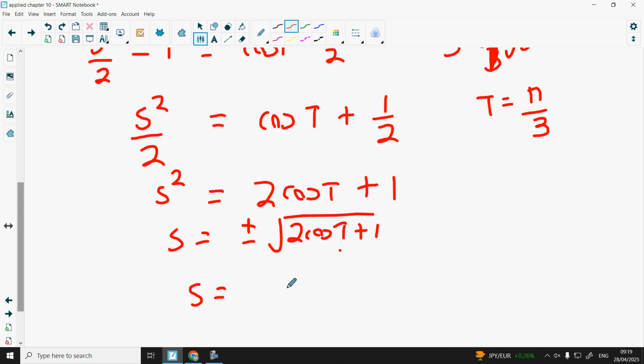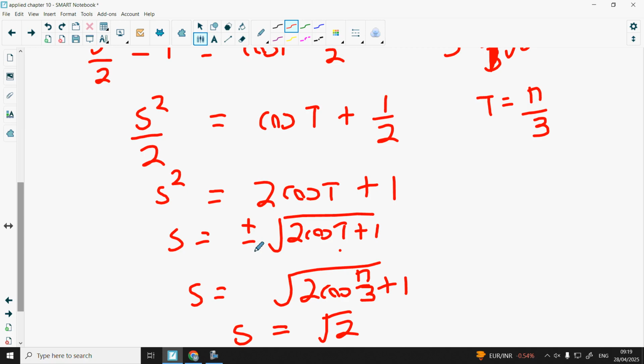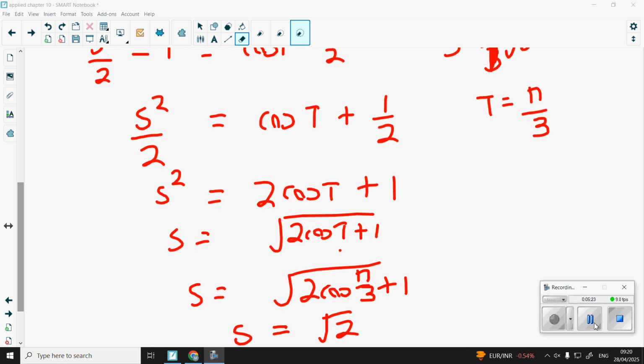Let's put in 2 cos pi over 3 plus 1, and the answer would be root 2. So that automatically rules out the negative answer. So there's only ever going to be the positive one, and you only have to write down the positive one. So you can use your limits to maybe eliminate one of the answers if it's a square root question. Is that all right? So just be aware of that.